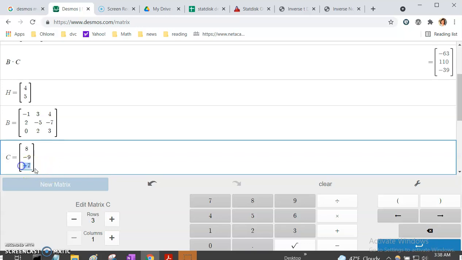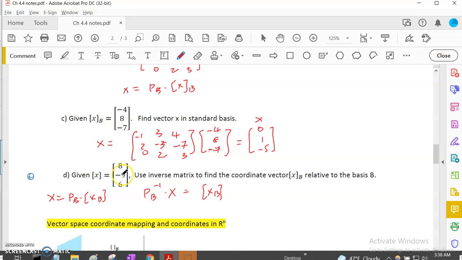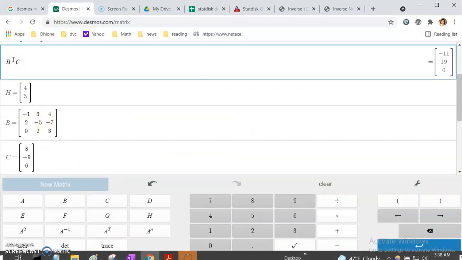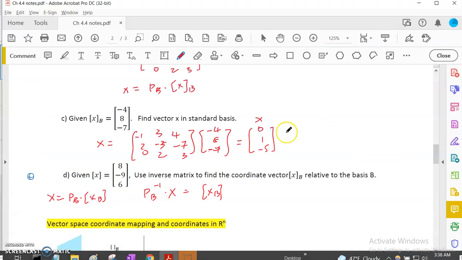A faster way is actually to solve by augmented matrix. So x is 8, -9, 6, and I want to do B inverse times C, because I need B inverse. So it's 5, 15, -8.